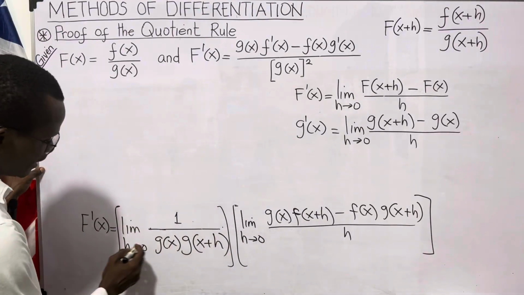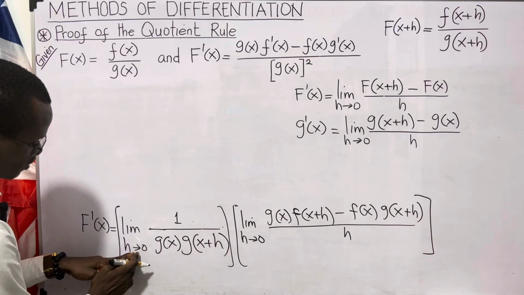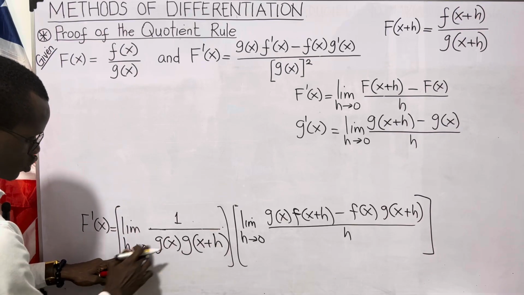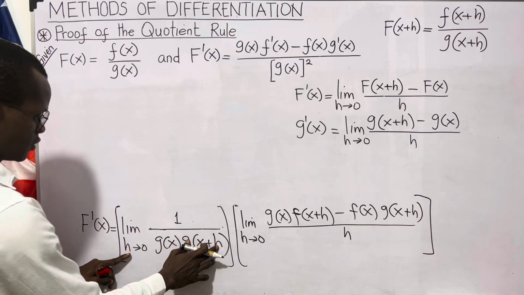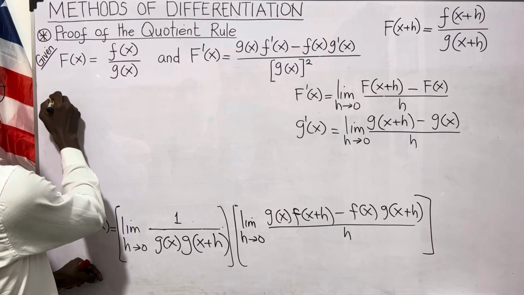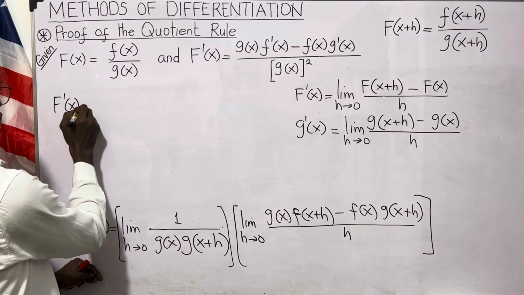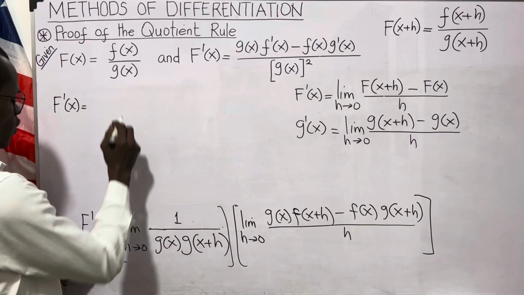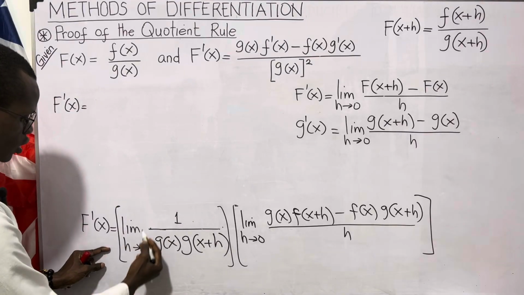If we apply the limit here, that is, wheresoever we see h, we should replace it with 0, since h is approaching 0. So we have f prime of x is equal to, and when you are applying the limit, you no longer write this limit.